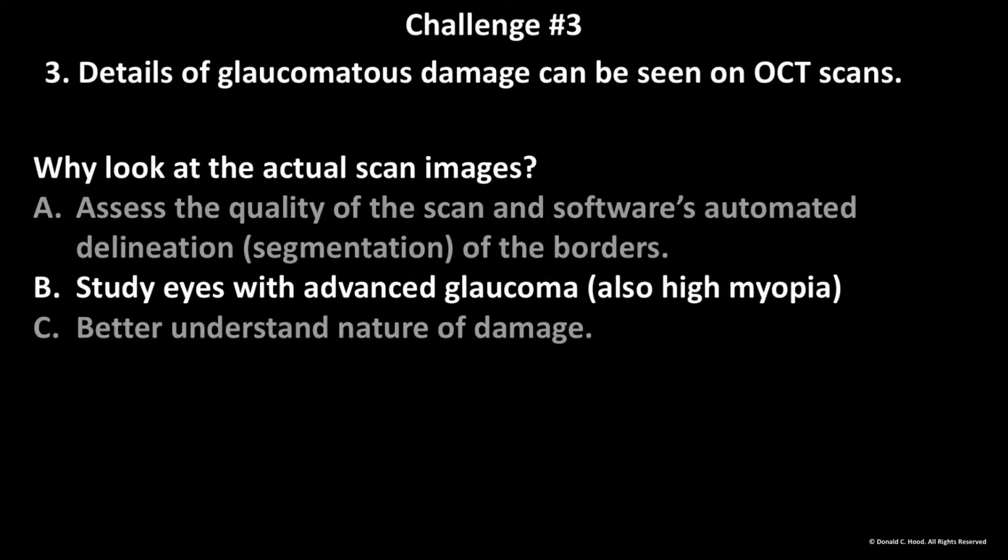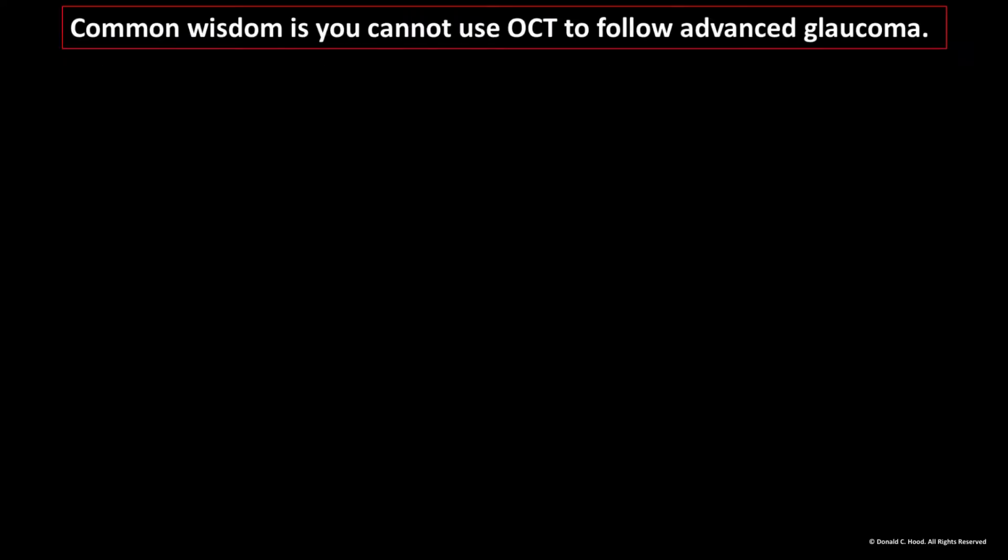Much more important, by looking at the scan, you can actually study eyes with advanced glaucoma and also high myopia. Now, if you want to hear about high myopia, take a look at the modules that are on my website from the lectures I gave at SUNY, because I'm going to focus here on advanced glaucoma.